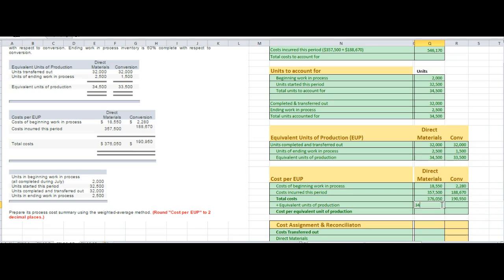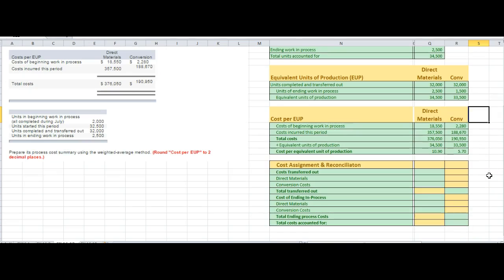So you get 34,500 equivalent units here and 33,500 here. Divide those out and you end up with $10.90 here and $5.70 here, rounded because I played with the zeros.